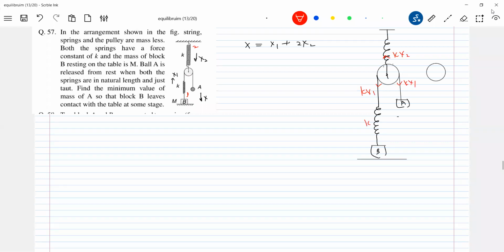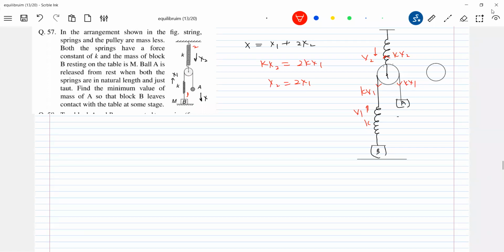Let the elongation of the spring be x1, and this elongation be x2. So what is the constraint equation? Net force on the pulley. The pulley is massless, so kx2 should be equal to 2kx1. So x2 is equal to 2x1.